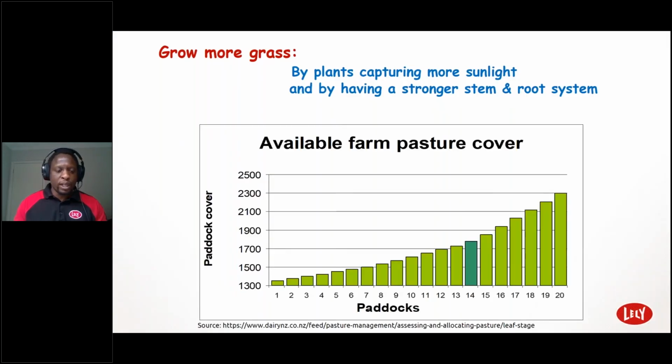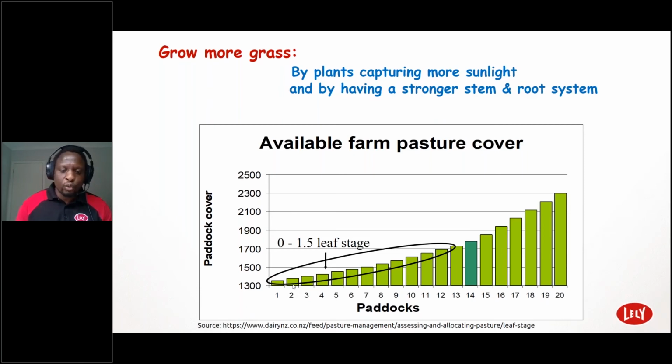Now I'm going to explain how you can maximize ryegrass pasture performance by using the 3-leaf stage. This is an example of a dairy farm with 20 paddocks from paddock 1 to paddock 20. And the first 3 paddocks are the freshly grazed paddocks with very little to no leaf remaining.